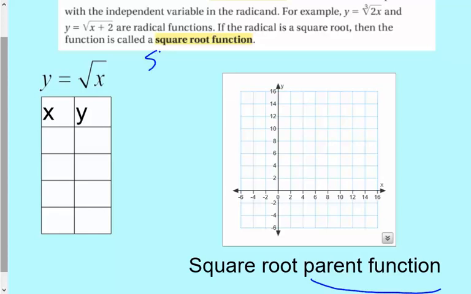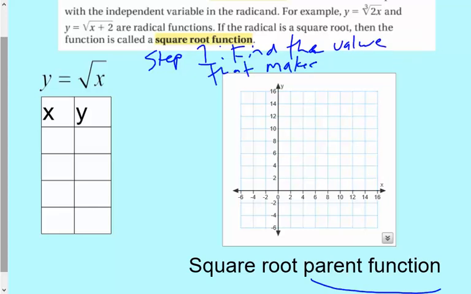So step number 1 for this: find the value that makes the square root part equal to 0. And so that would just be 0 for this one.